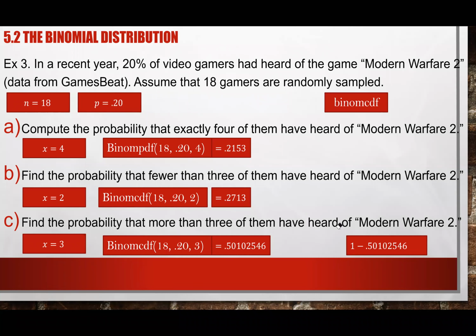Because the calculator can only give you the left-hand side, you say 1 minus the left-hand side to give you the answer, 0.4990. Everybody see the idea of the left-hand side versus the right-hand side?